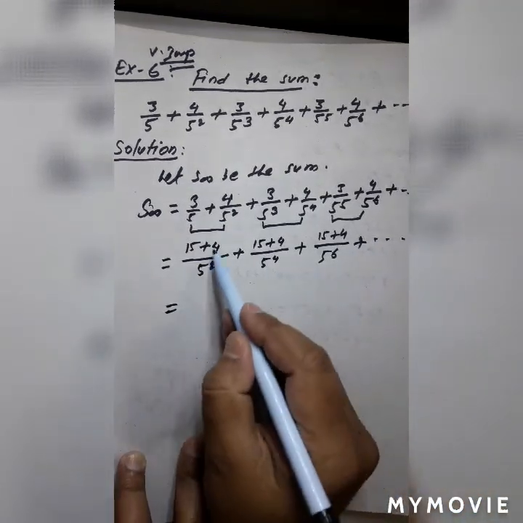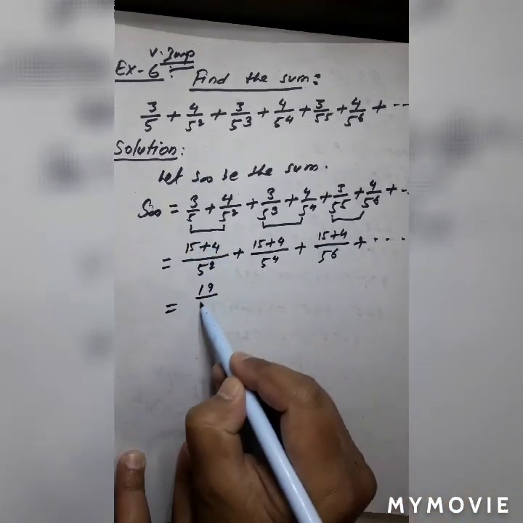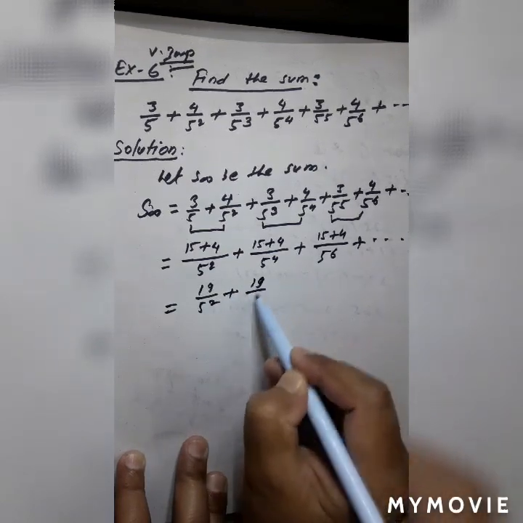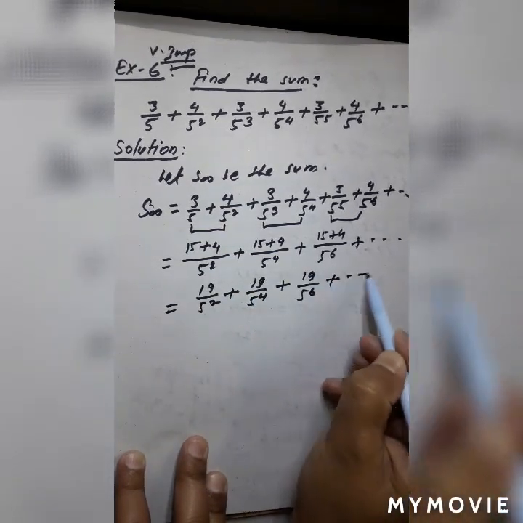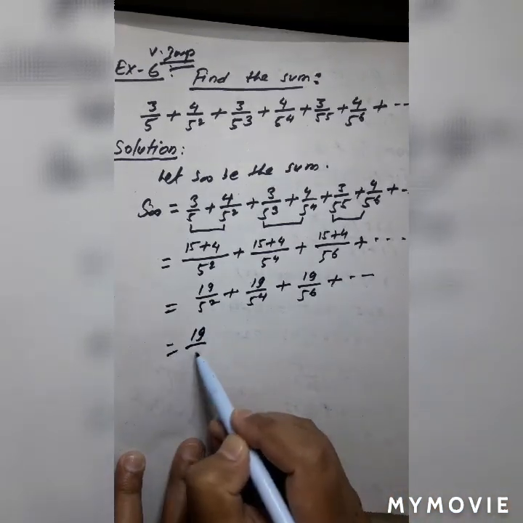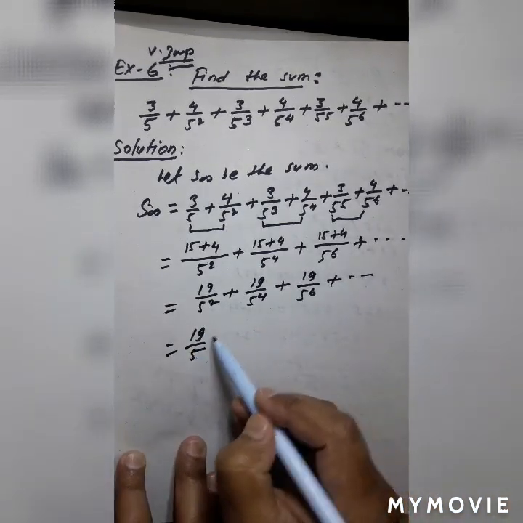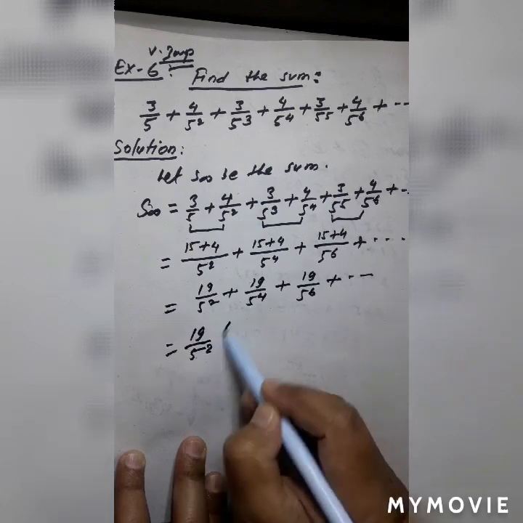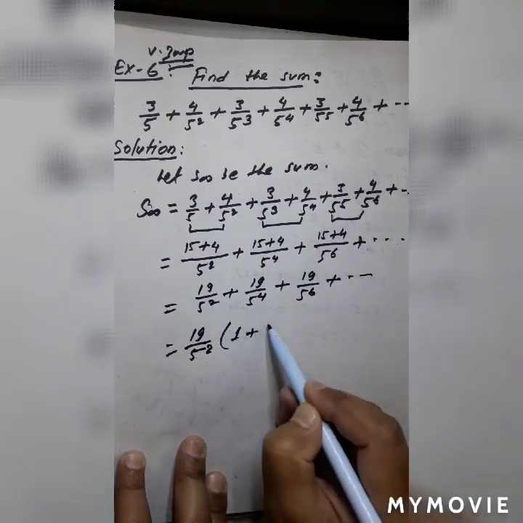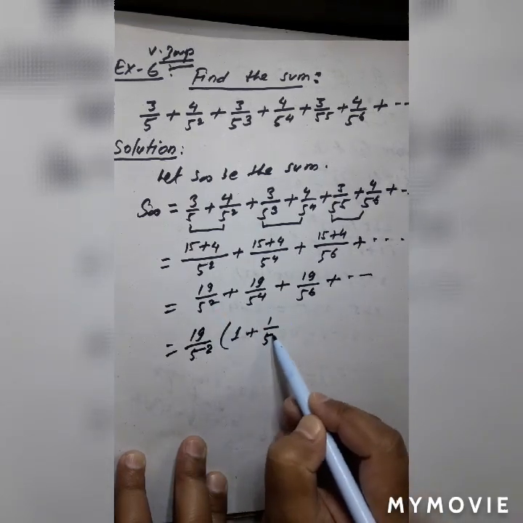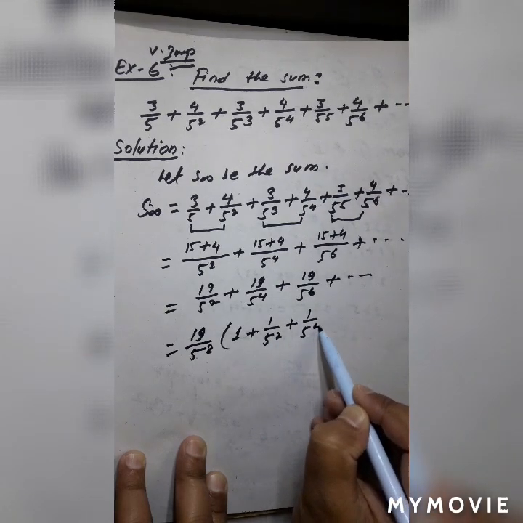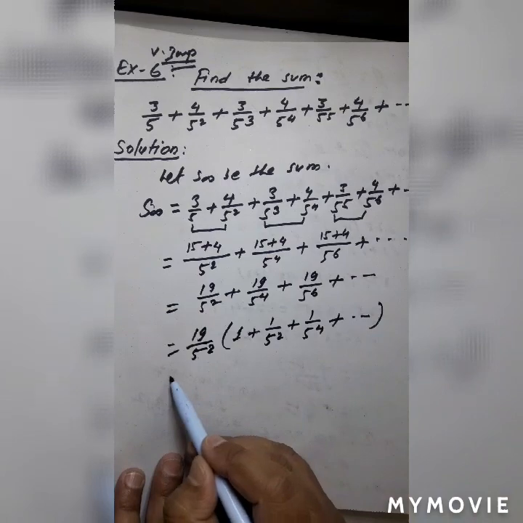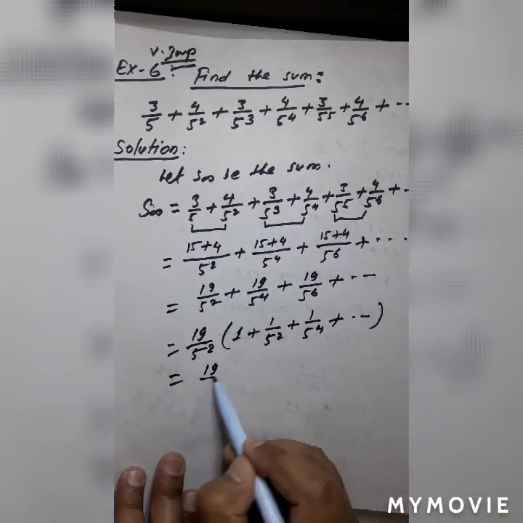This became 19 by 5 square, 19 by 5 power 4, and 19 by 5 power 6 and so on. Here 19 by 5 square is common. What is left? 1 plus 1 by 5 square, then 1 by 5 power 4 and so on. This is 19 by 25.